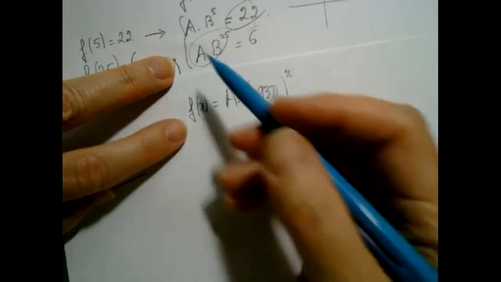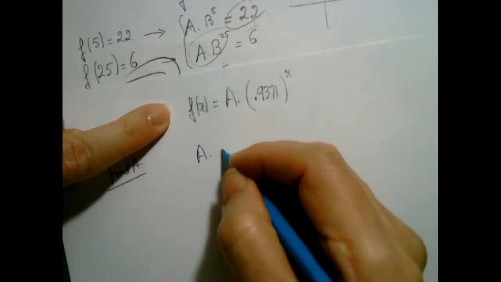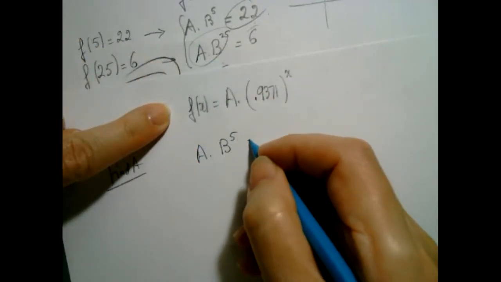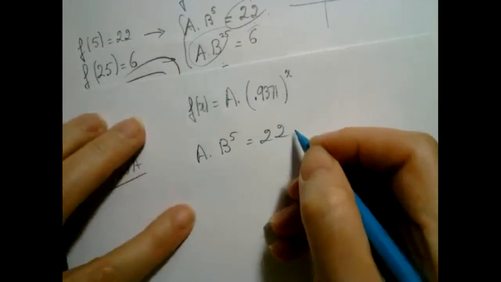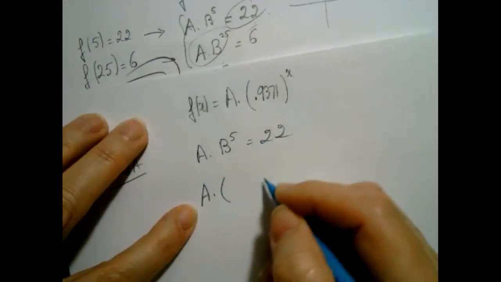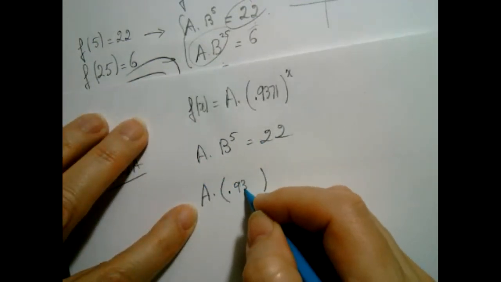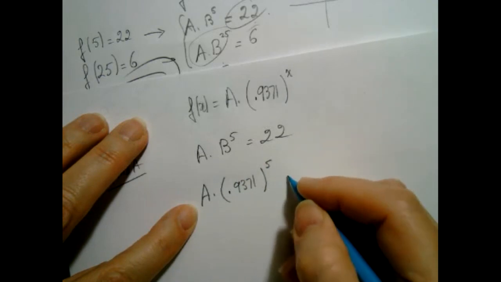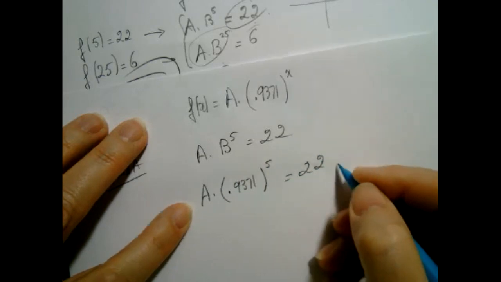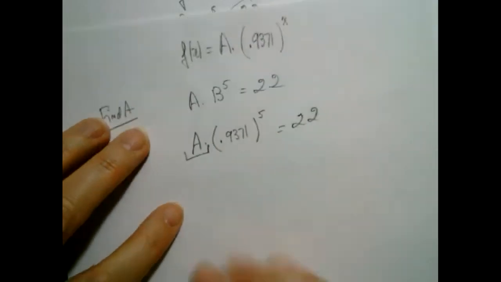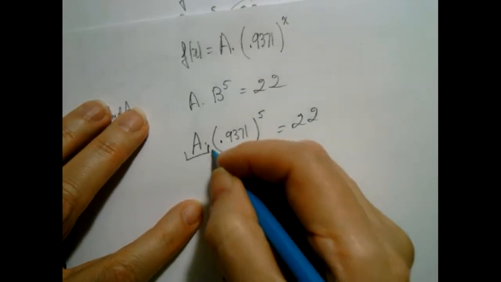I use one of them. Any one you want, I don't really care. So we say that a times b to the power 5 is equal to 22. It means a times 0.9371 to the power 5 equals 22. I want my a. I divide by that.